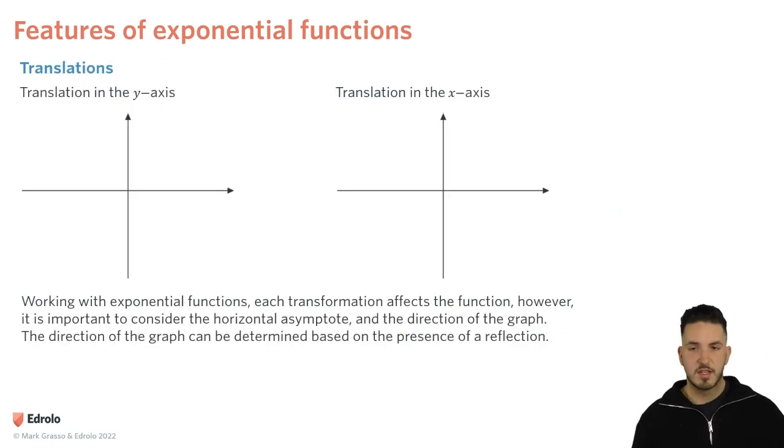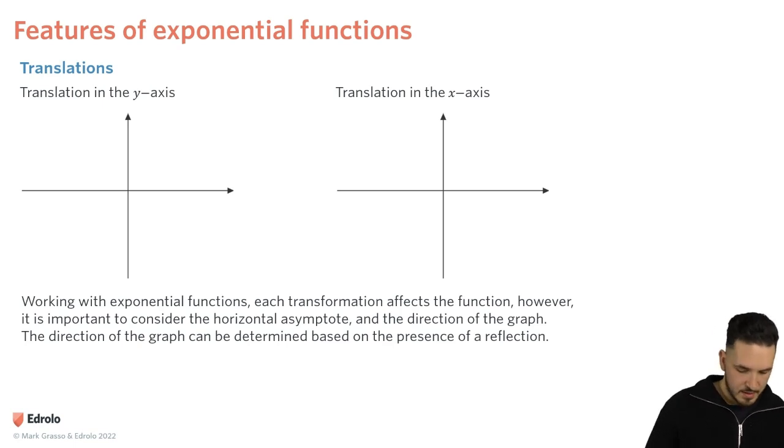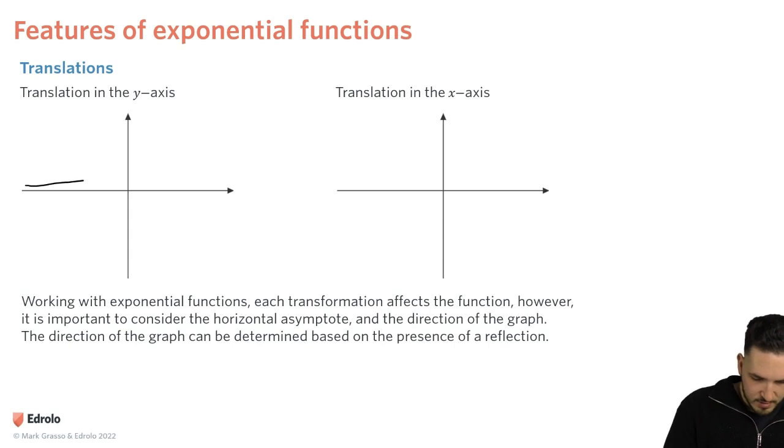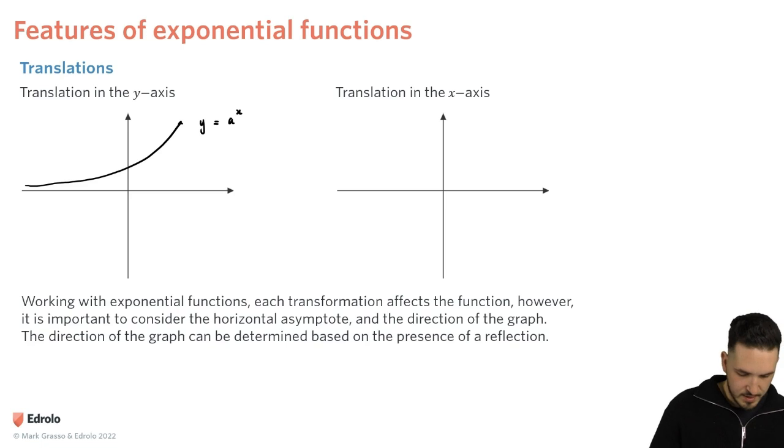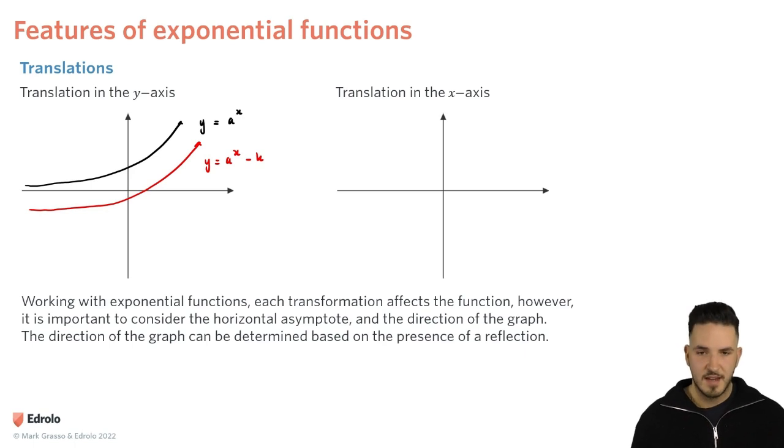So translations in the y-axis, as I mentioned before, are again really important because they tell us where the horizontal asymptote may be. So let's look at just an equation, y equals a to the x. And this could be, let's go with the red, y equals a to the x minus k. So essentially we've shifted it down by k units.